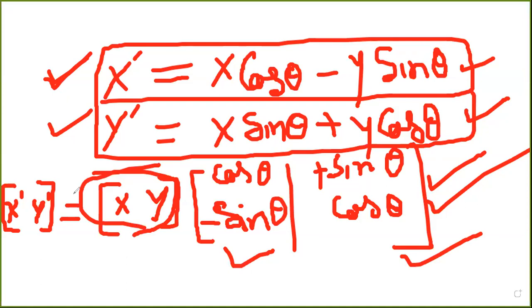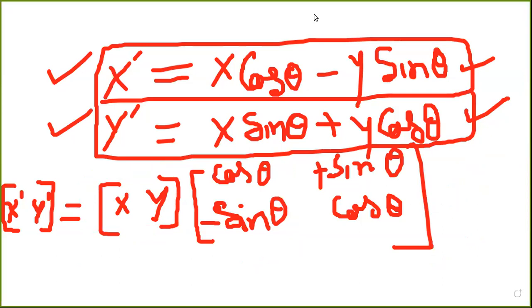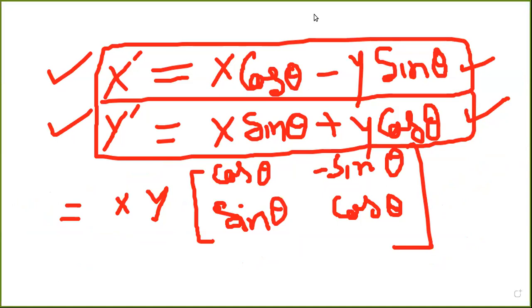But if you are using this rotation matrix, you have to write x y in this formation. You have to write a point with a x in the first row, b in the second row, c in the third row. But what we are doing, our formation was this.